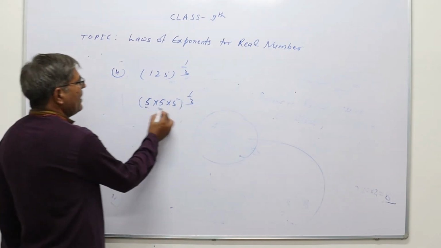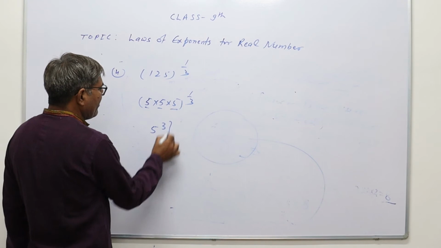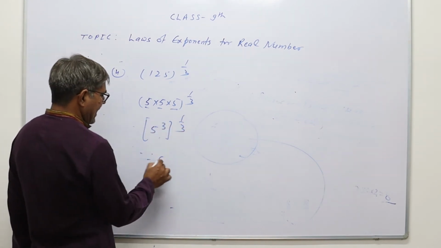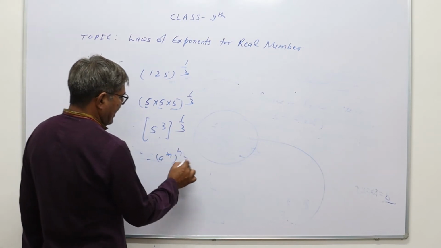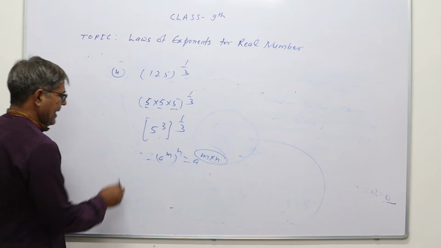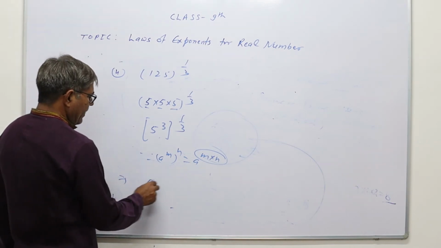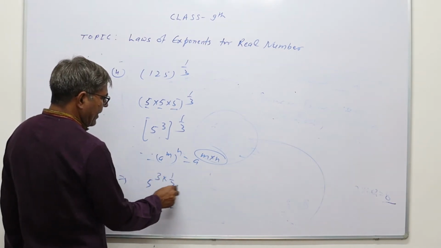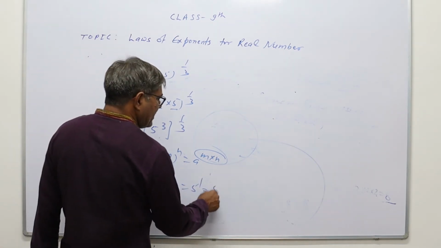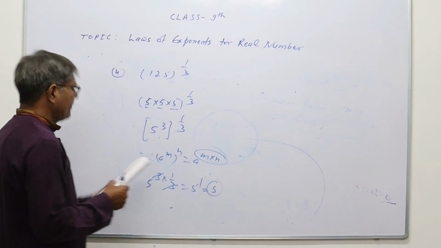Now see, 5 into 5 into 5 is 5 raised to the power 3, whole power 1 upon 3. So here a raised to the power m whole power n will be a raised to the power m into n, which implies 5 power 3 into 1 upon 3, 3 cancels with 3, so remaining 5 power 1, that is 5. Next question.